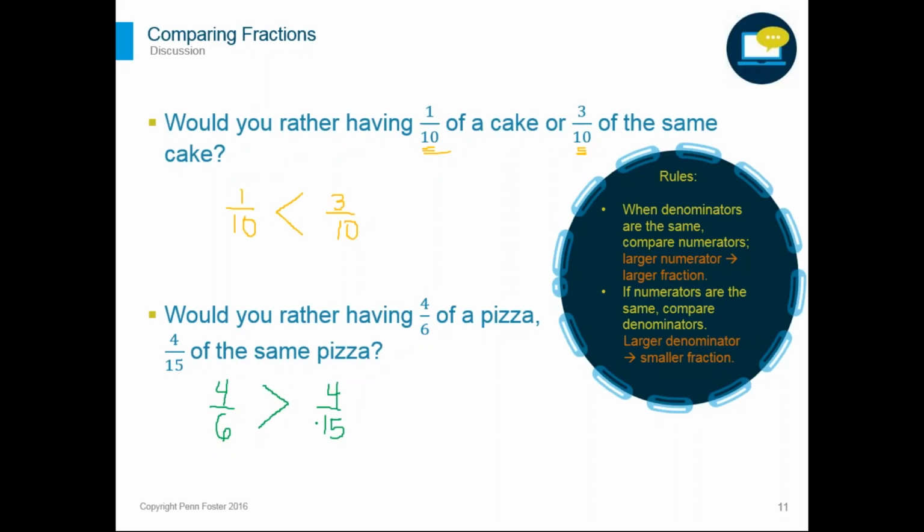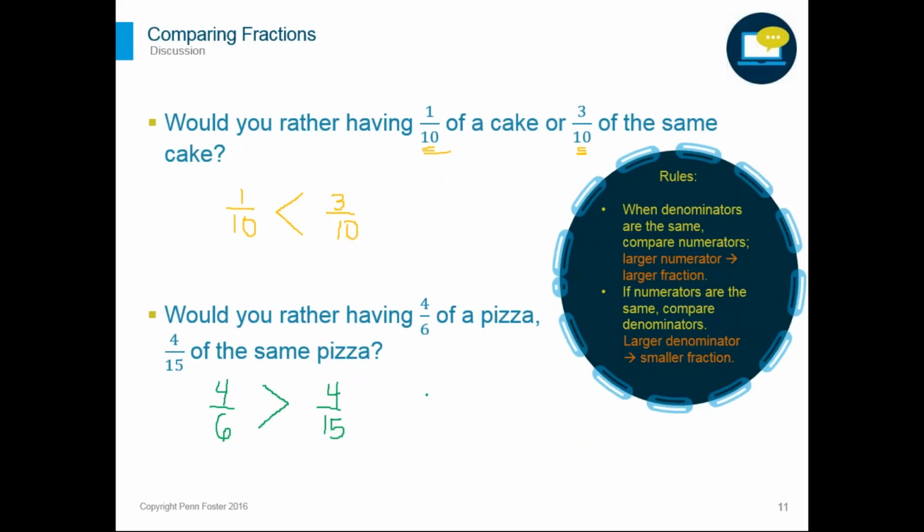I had some questions on these rules over the phone, and they were asking what is the reasoning behind that. So I would like to share that with you if you happen to have the same question. If I have a pizza and I cut it into 6 pieces and I offer you 4, and then I have the same size pizza and I cut it into 15 pieces and offer you 4 as well, how much pizza is more? Are you going to get more pizza from the one that was cut into 6 or the one that was cut into 15?